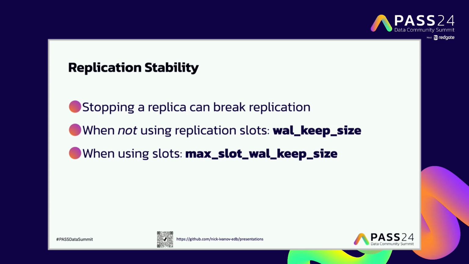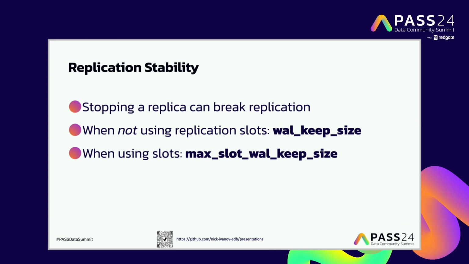Replication breaks. If the replica stops, it relies on the presence of the WAL files on the primary. But the primary has to recycle WAL files periodically lest it runs out of space. So if your replica stays down long enough, it may happen that when it tries to reconnect, the WALs that it needs are already gone.